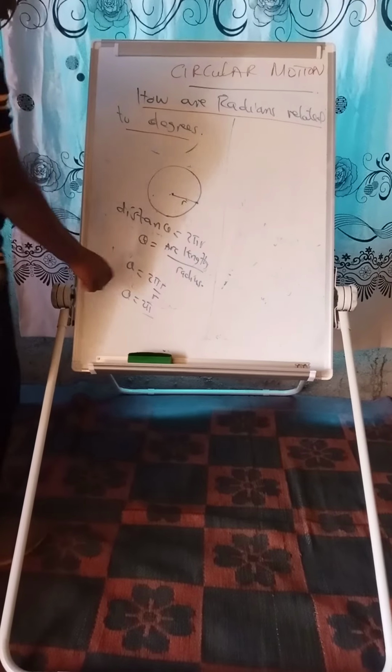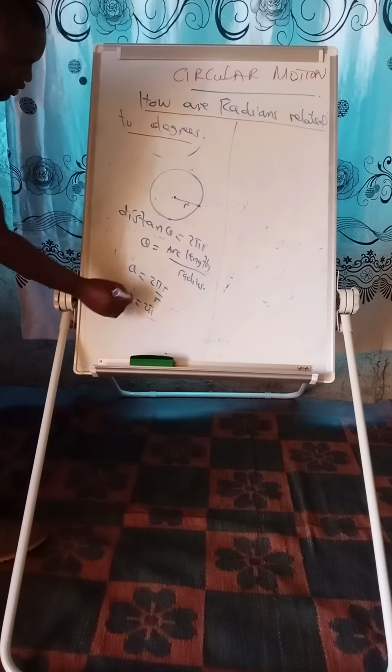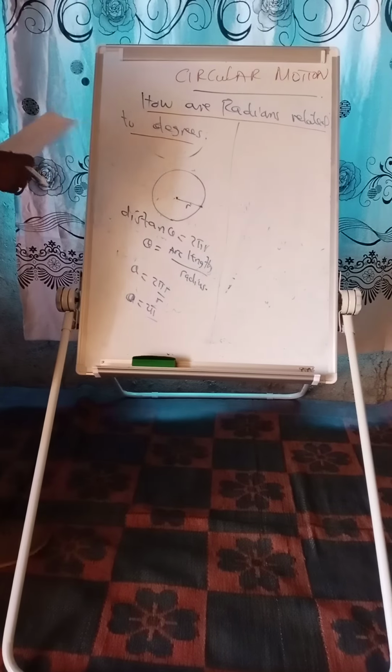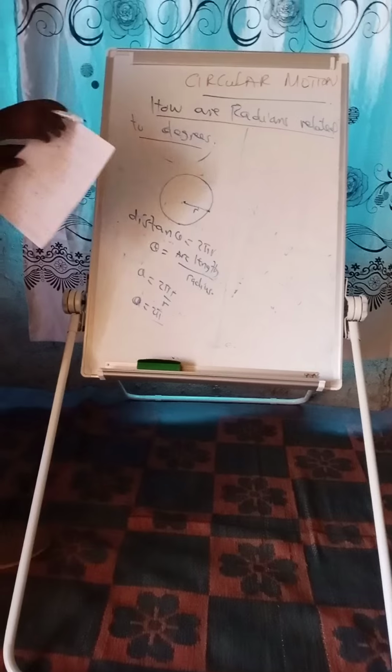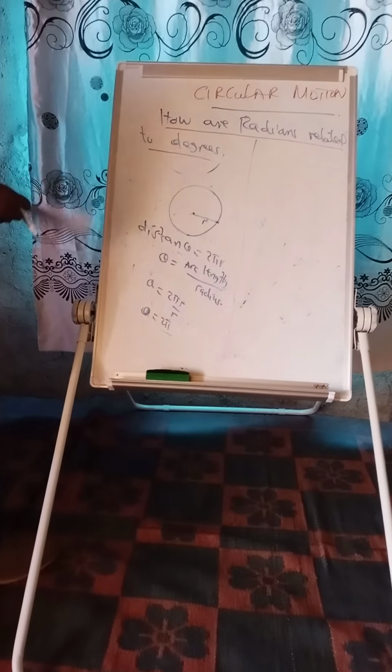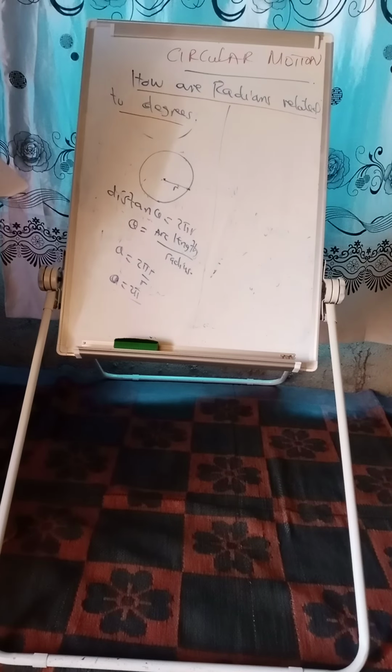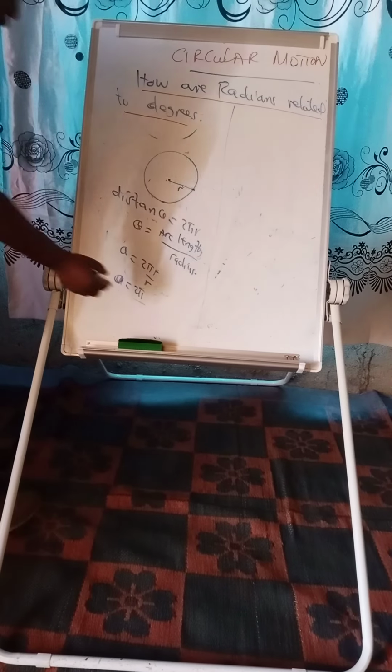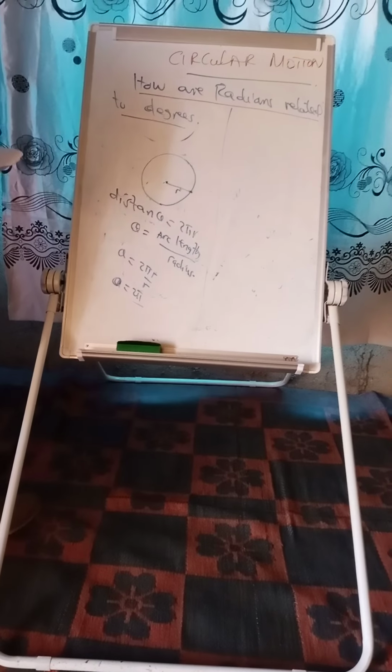So our theta is 2 pi, hence a complete circle contains 2 pi radians.